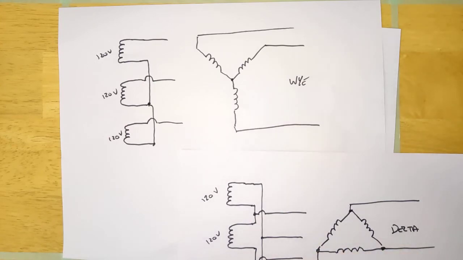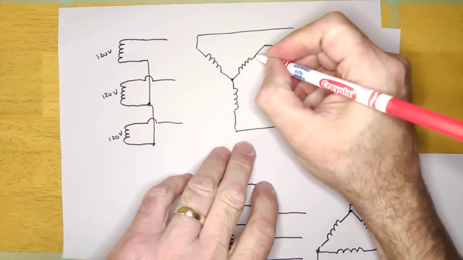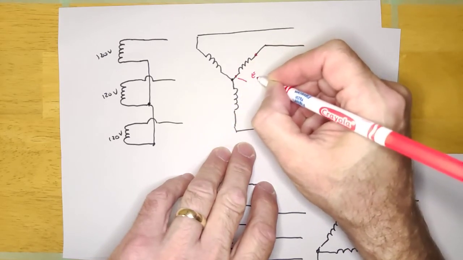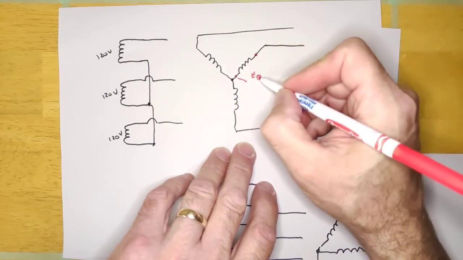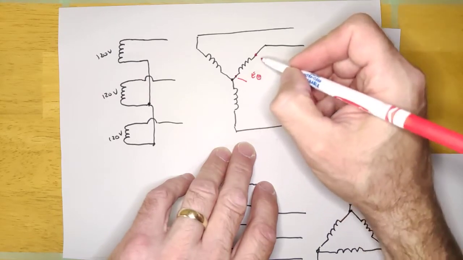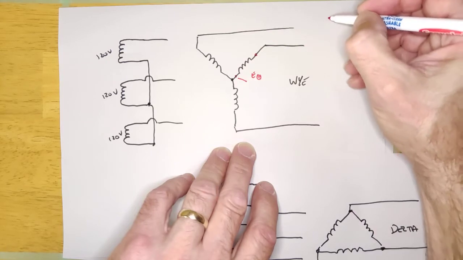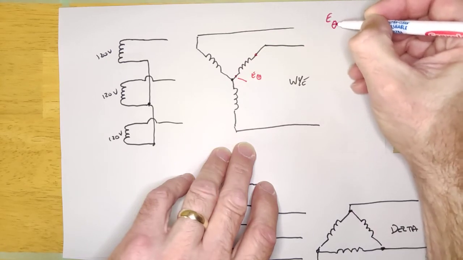So if I were to measure the phase voltage, guys, I would measure from here to here, okay? And that would be known as E phase. And a lot of times, I'll be saying phase voltage, but the symbol for phase is going to be that little theta symbol, okay? E phase.